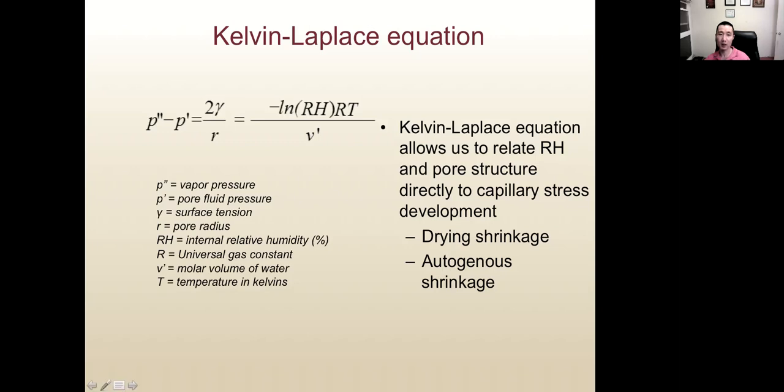If we reduce RH, relative humidity, it will also increase shrinkage stress because this is minus natural log. So RH, surface tension gamma, and pore radius r are the 3 dominant parameters controlling shrinkage stress. Other things such as temperature, R, and V prime do not change as much typically.